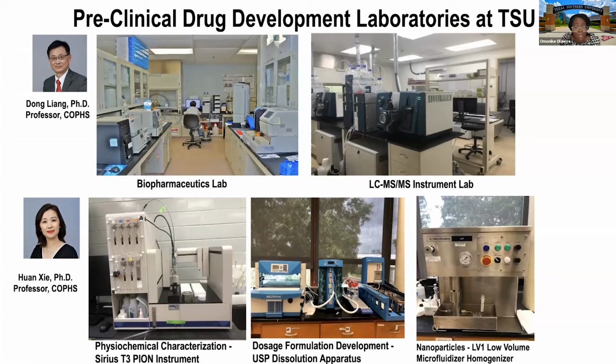This is some of our labs. I'm just highlighting 2 of the labs here of my colleagues, Dr. Dong Liang and Dr. Wan Shea in the preclinical development lab. So we have a very good niche here. We're next to the largest medical center in the world, and it just turns out that at TSU we have this great expertise to be able to take compounds from the bench all the way to the clinic.